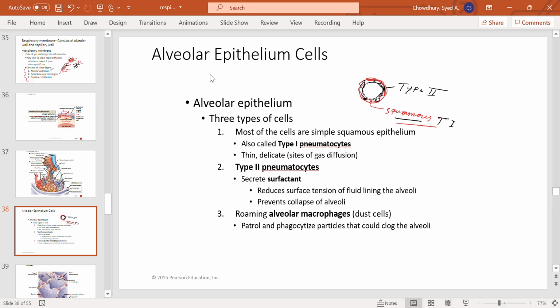So surfactant is a very important fluid, and that is secreted from the surfactant secreting cells or type 2 cells. And surfactant keeps the alveolus open.